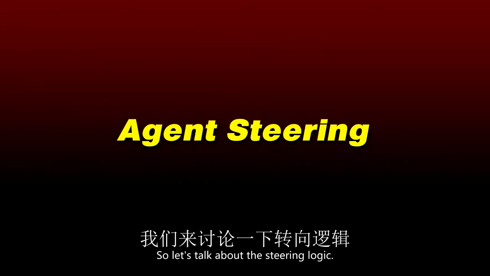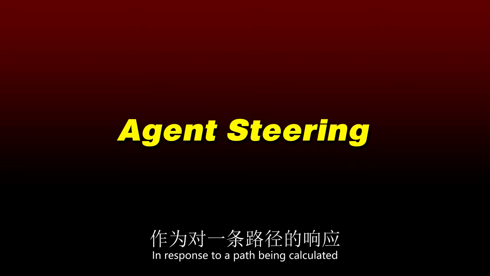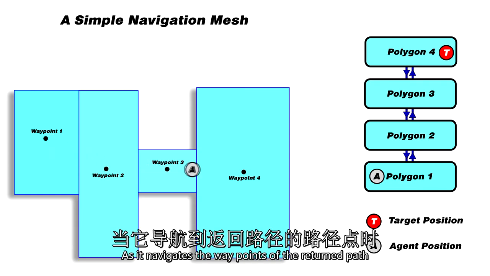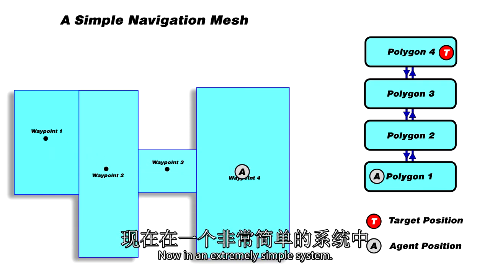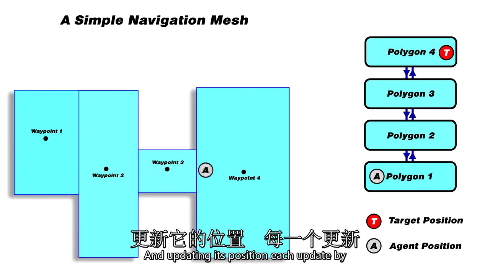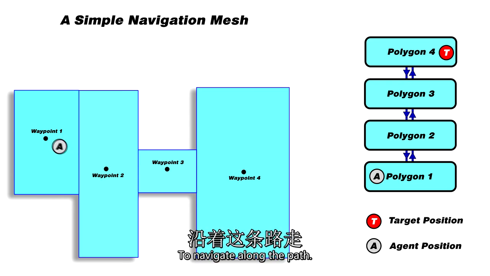So let's talk about the steering logic. The next part of the system is also executed by the agent at runtime in response to a path being calculated. It handles the updating of the position of the agent over time as it navigates the waypoints of the returned path. Now, in an extremely simple system, this could be nothing more than keeping the agent facing the next waypoint and updating its position at each update by some velocity to navigate along the path.